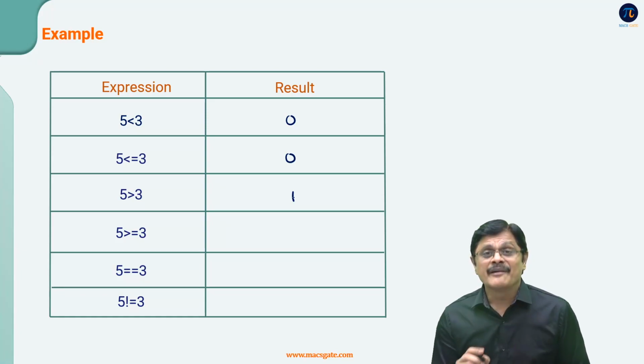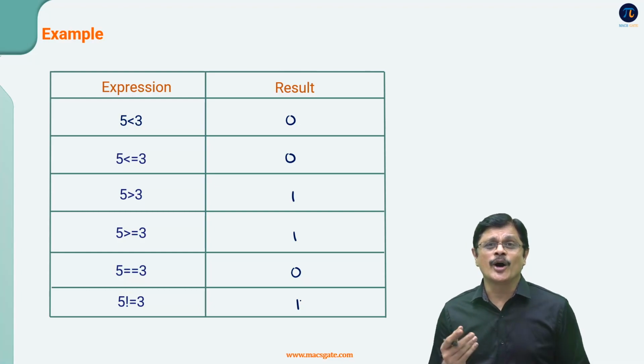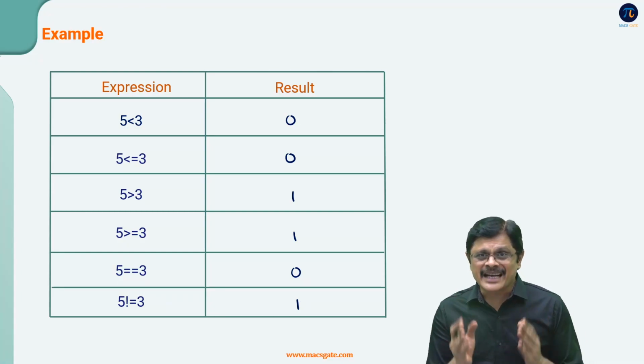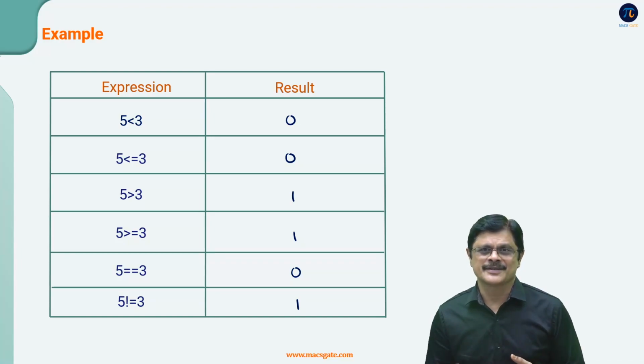It returns 1. 5 >= 3, because greater than is correct, it returns 1. 5 == 3 false. It returns 0. 5 != 3 true. It returns 1. So the relational operators return 1 if the expression is true, returns 0 if the expression is false. Am I clear?